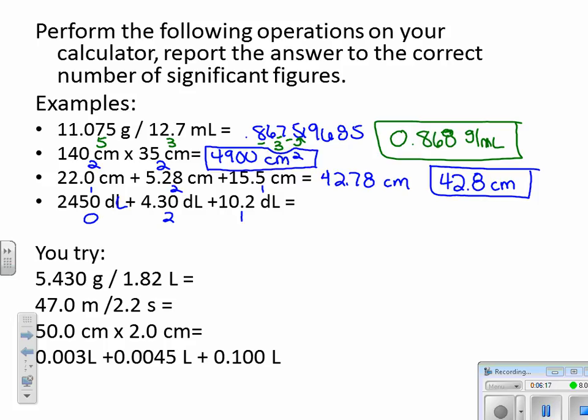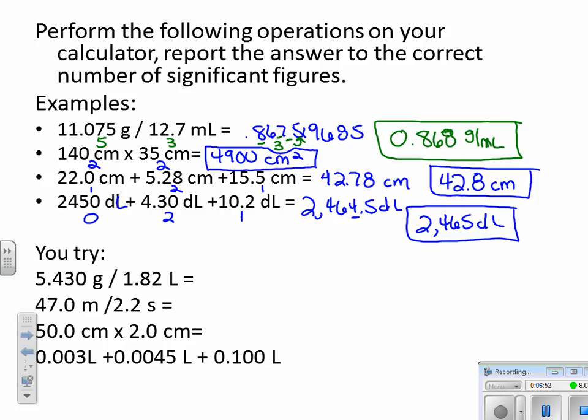So if we add those numbers together in your calculator, you're going to get 2,464.5 deciliters. We can only put our answer to the whole number. We cannot use that decimal place, so we're going to have to stop there, and we're going to round that up, 2,465 deciliters. And that ones place is estimated, the tens place is known.